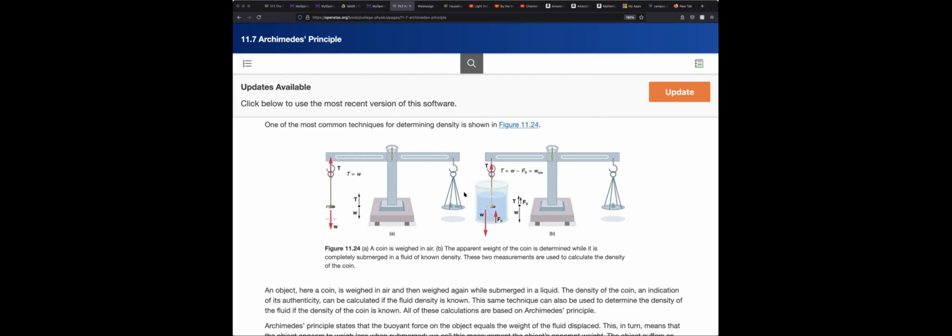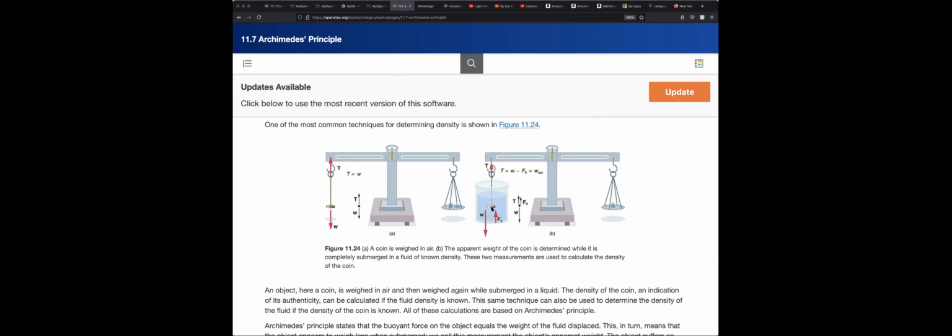Then he put the crown underwater and measured the mass again. When you do this, the weight of the gold on the left side is going to change because of the buoyant force. The buoyant force in air is very small, so it doesn't really calculate in here. But the buoyant force in water is much more significant because water is so much more dense than air.